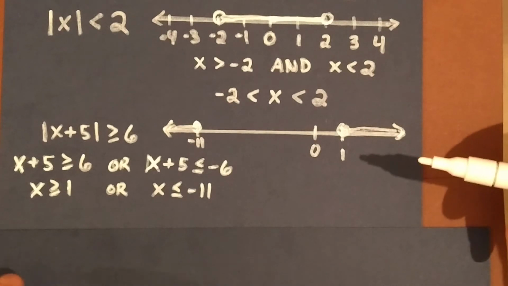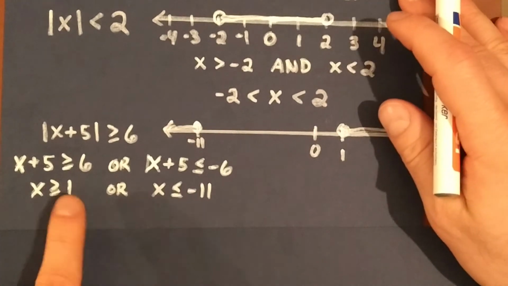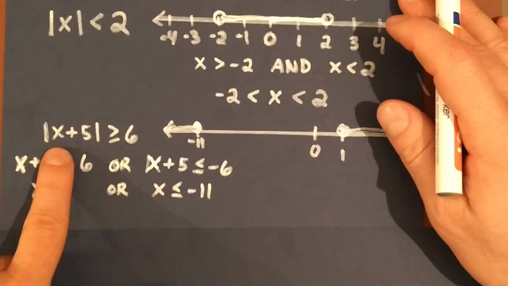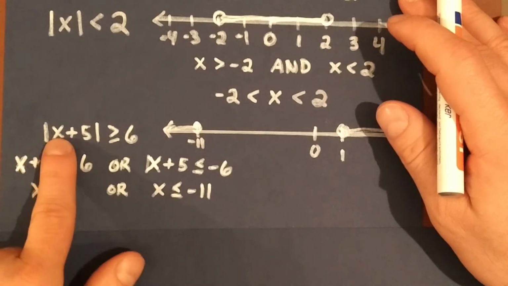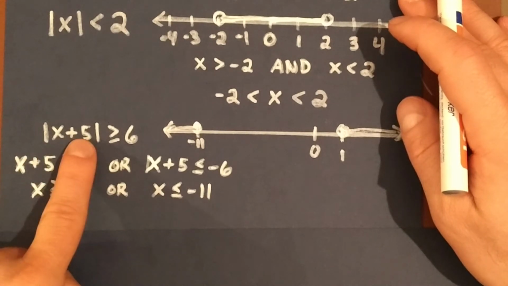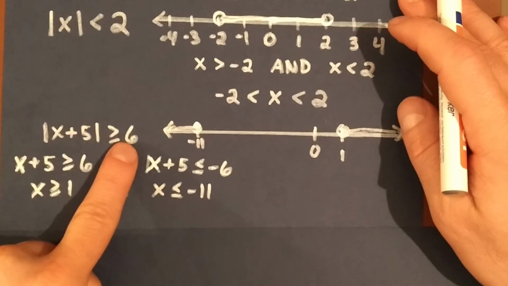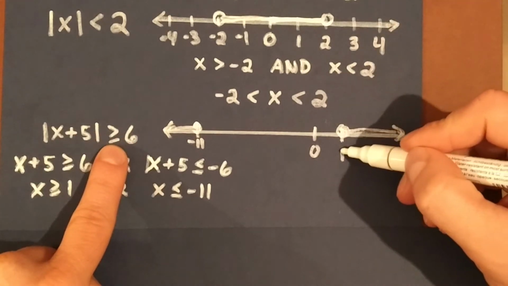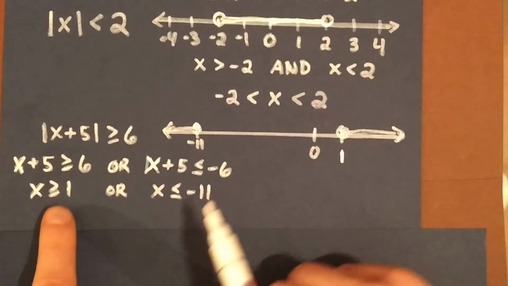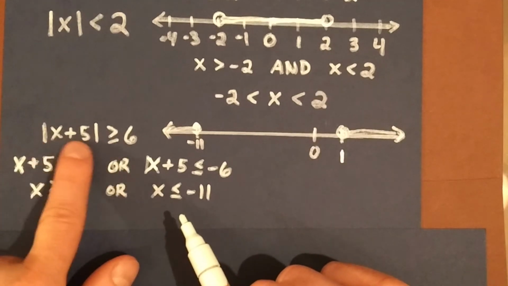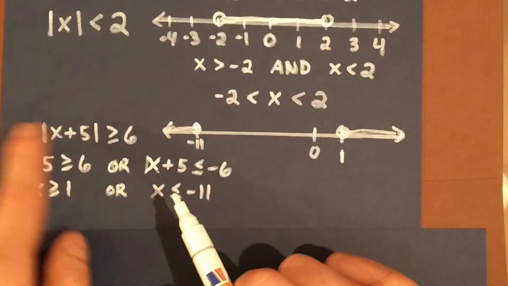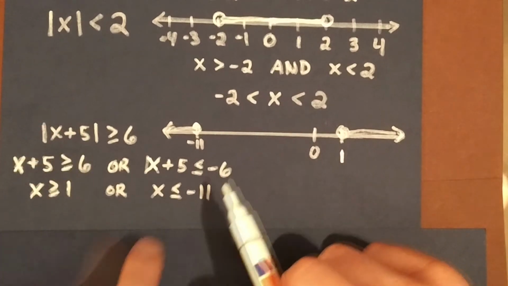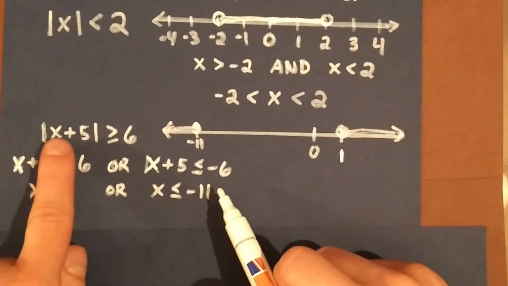And we can check. It may help to check. We put in 1 for x, and we see if we put in 1, we get 1 plus 5 is 6, and the absolute value of 6 equals 6. And it's greater than or equal to that. That is the solution. And if we put in anything bigger, we put in 2, 3, 4, we'll get numbers that work as well. Over here we can put in negative 11.